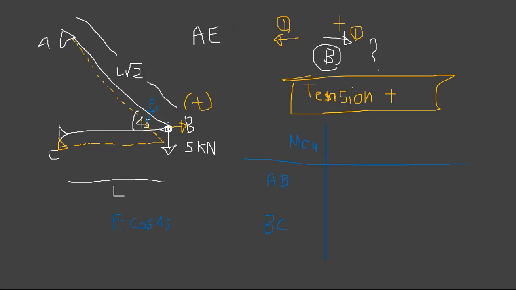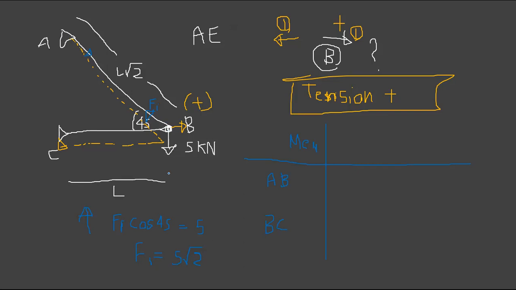You take the components at joint B along the vertical direction, 5, right? So F1 is going to be 5 into root 2, and that is a tension, right?